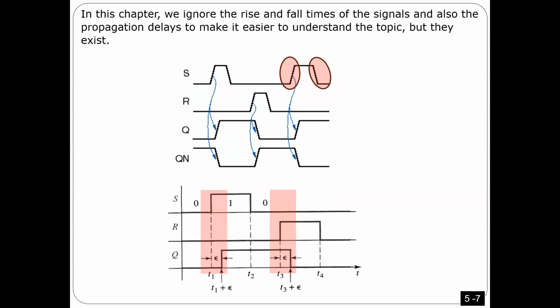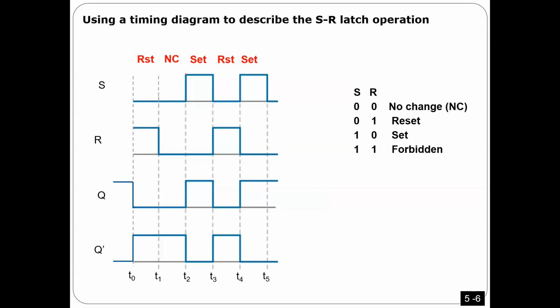Anyway, I made it clear last time also, although most of the time I'm going to assume the signal is perfect, everything is perfect. In reality, I'm going to assume it's perfect just to make it easy for you to understand. But in reality, you should understand that you can't have something like that. There should be a rise time and a fall time.